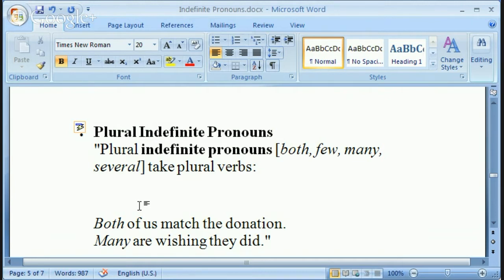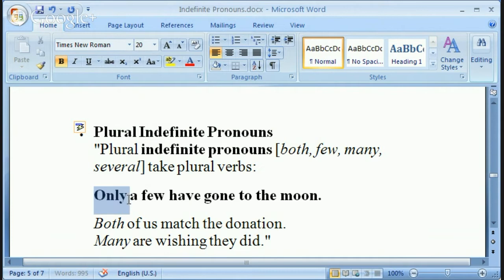Okay. Only a few. Okay, this is the noun.